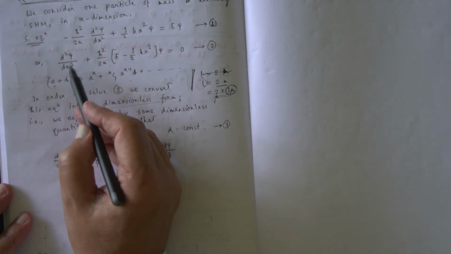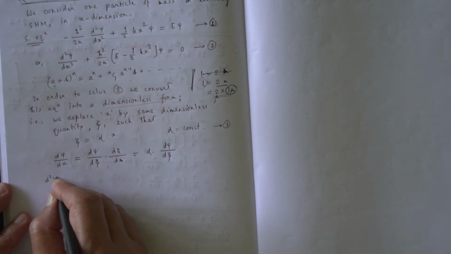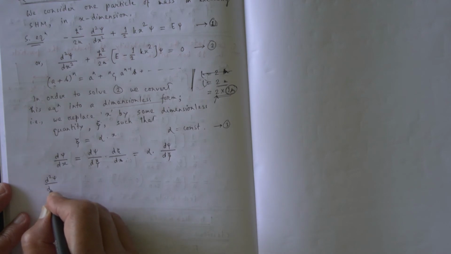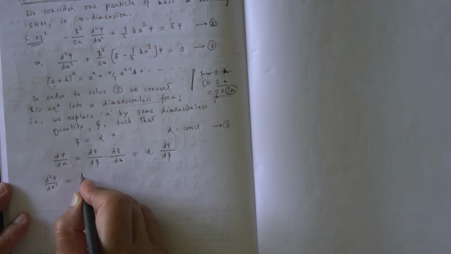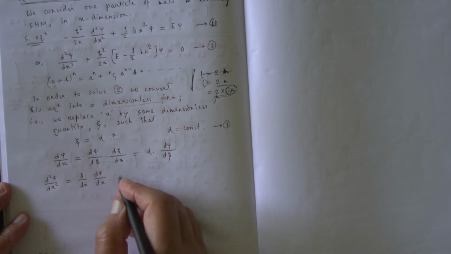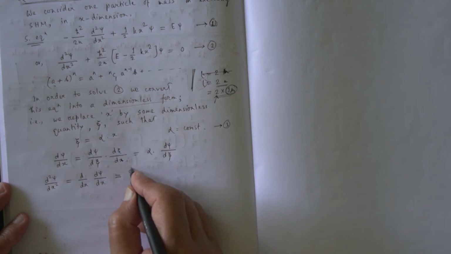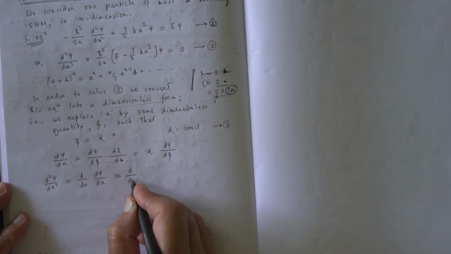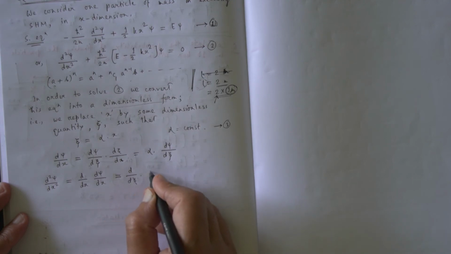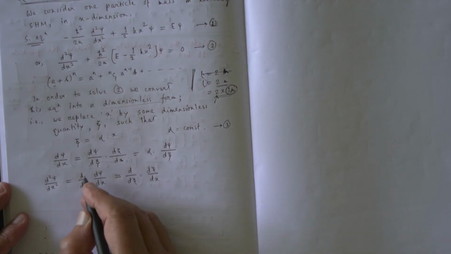But we have d2 psi by dx square, and that is nothing but d by dx of d psi by dx.